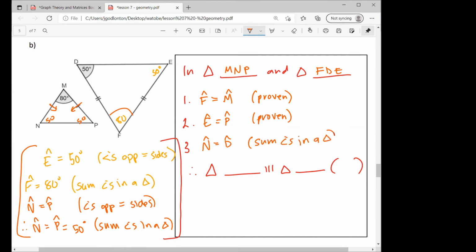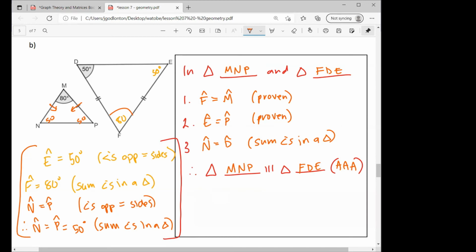That one we're always just allowed to say. If you already said proven, that's also fine because you have proven that they are the same. And then we would say triangle MNP is similar to triangle FDE because of AAA. Good work, guys.